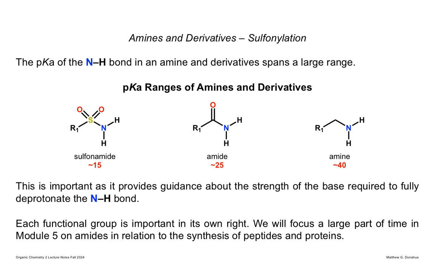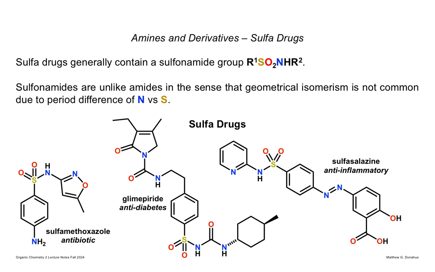So amides are important for biomolecules. Sulfonamides are used in drugs. So these are called sulfa drugs. And sulfa drugs generally contain a sulfonamide group, so you can see that collection of heteroatoms that's present. And whereas sulfonamides are unlike amides in the sense that they do not have this issue of geometrical isomerism.